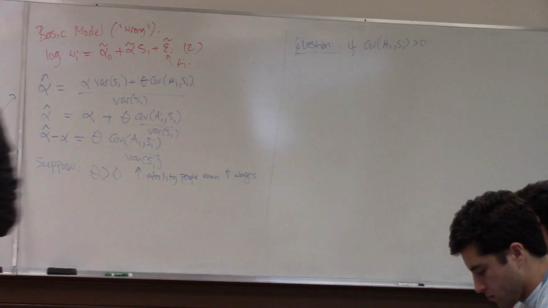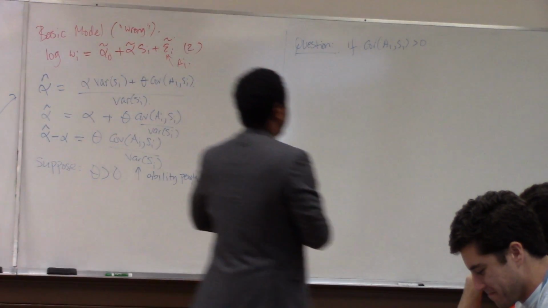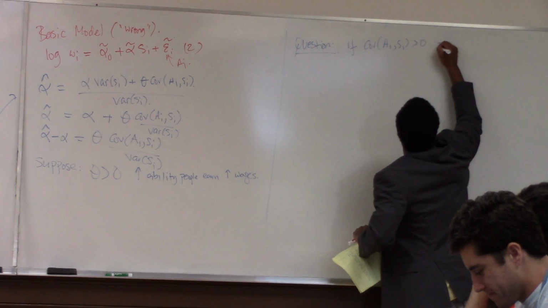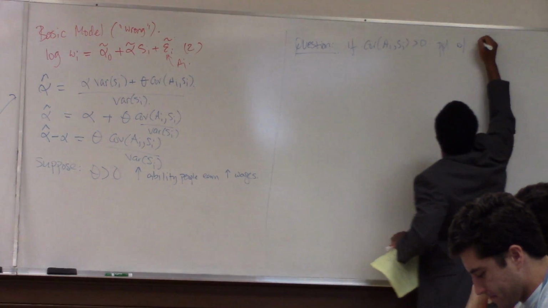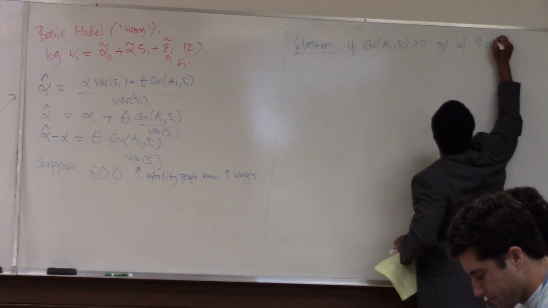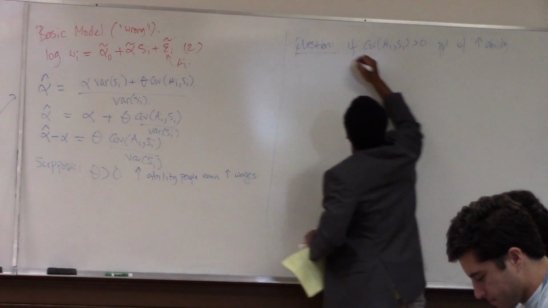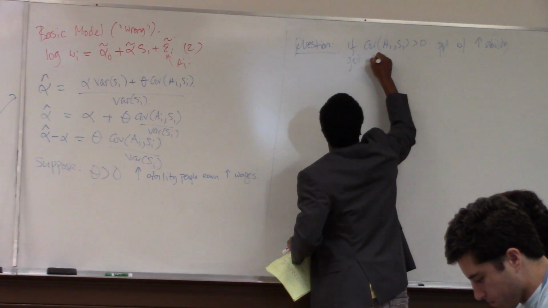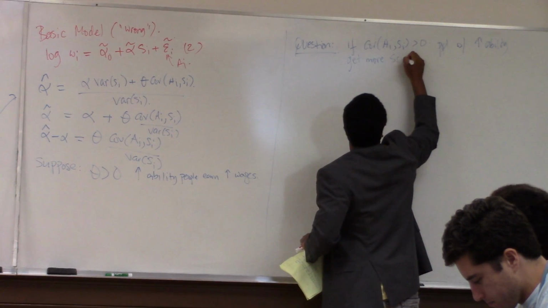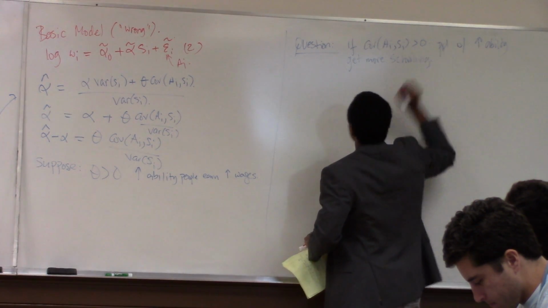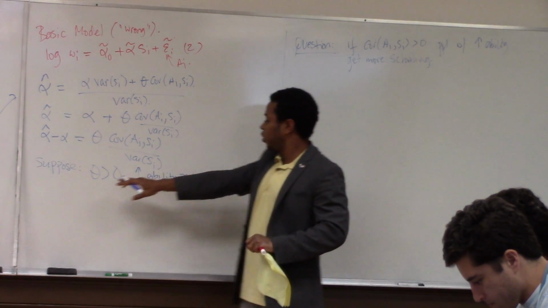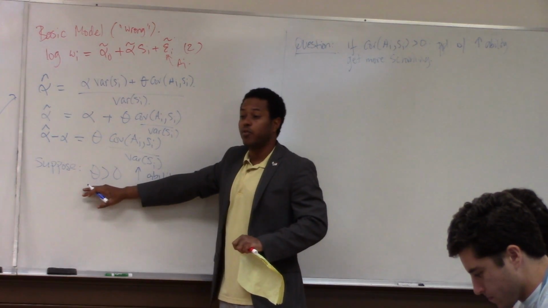Exactly. So what that means is that people with higher ability get more schooling. We also suppose that theta is greater than 0, right?